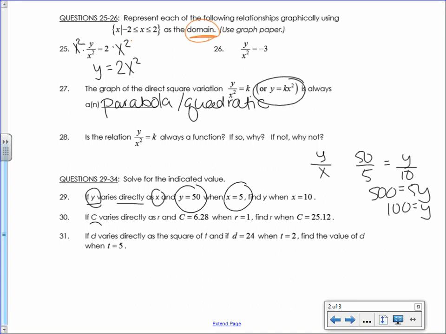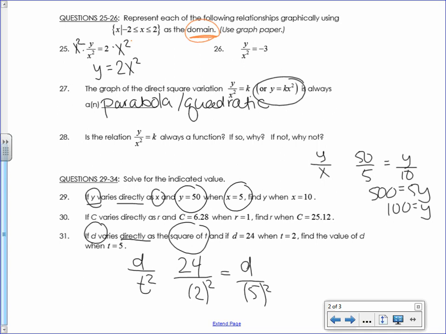31. D varies directly as the square of t. So that's going to be d over t squared. Okay? And when d is 24, when t is 2, now be careful, that's 2 squared. We want to find d when t is 5.